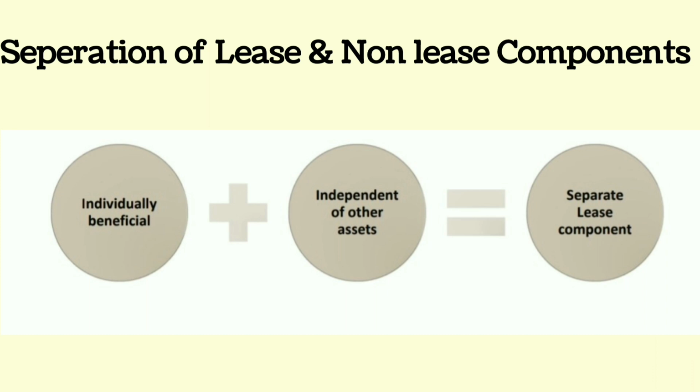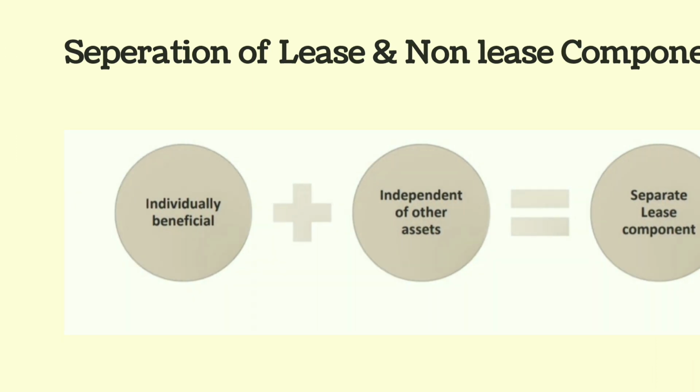In addition to this, there may be many contracts which contain lease components and non-lease components. In such a case, the non-lease components are to be identified and accounted for separately from the lease component, because the lease component will be accounted for as per Ind AS 116, and the other part, that is the non-lease component, will be accounted for as an executory arrangement by the lessee or as per Ind AS 115.